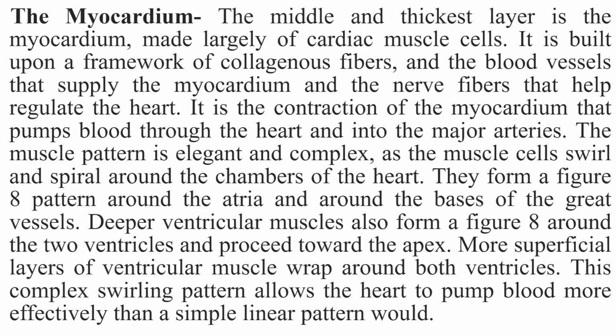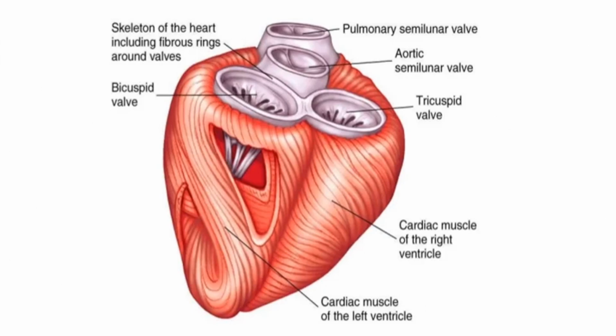More superficial layers of ventricular muscle wrap around both ventricles. This complex swirling pattern allows the heart to pump blood more effectively than a simple linear pattern would. You can see the cardiac muscles arranged in a figure 8 in this diagram.